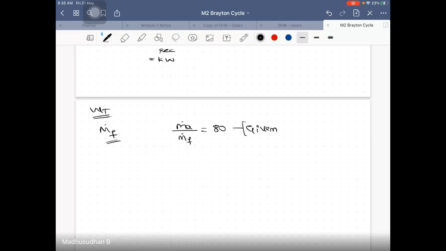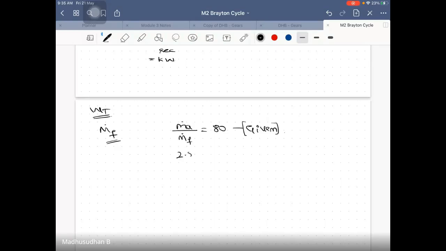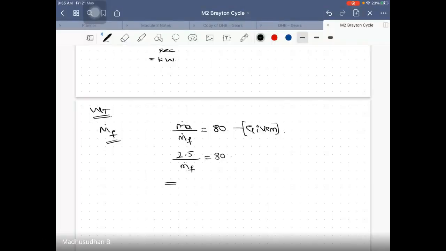From this, 2.5 is the mass flow rate of air, and m dot F is 80. So from this, what is the mass flow rate of fuel? 0.03125.